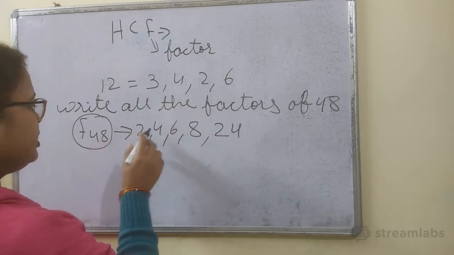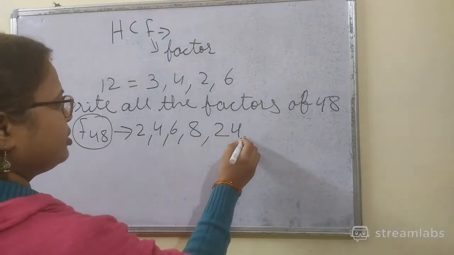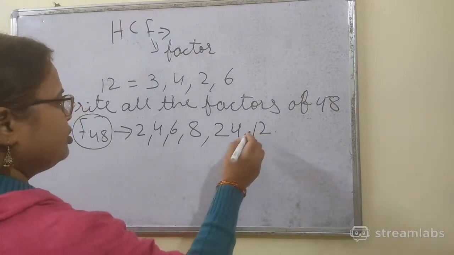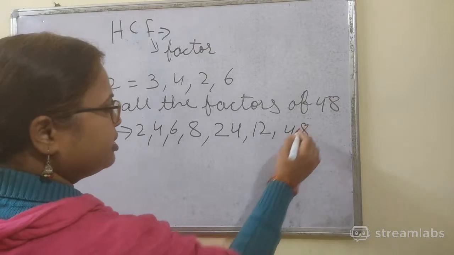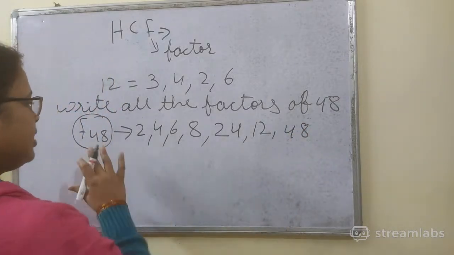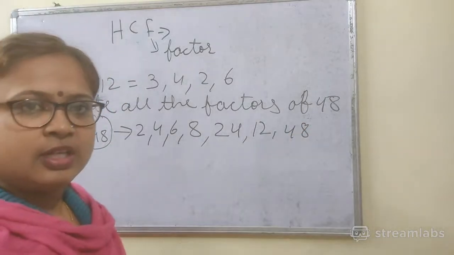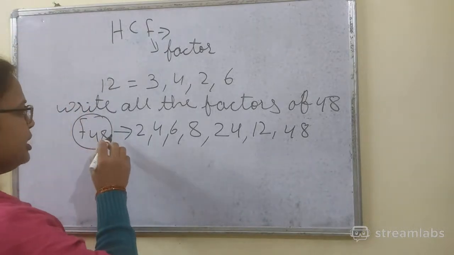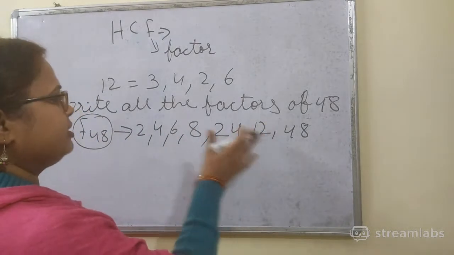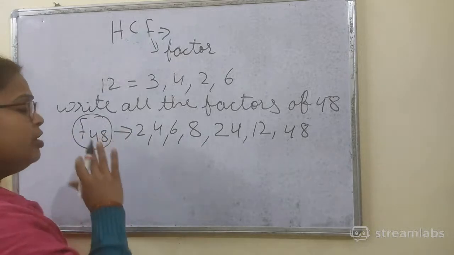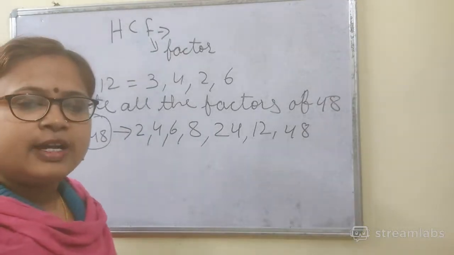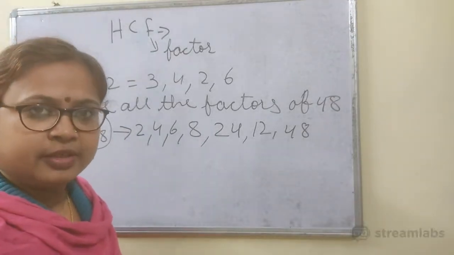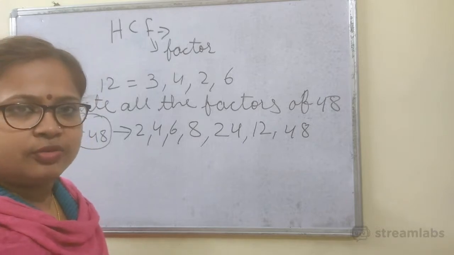When we divide 48 by 4, then we get 12. Clear? And 48, this number itself, is a factor of 48. So when you get this type of question, you write all the numbers that can easily divide 48. Easily divide means no remainder. The remainder is 0. Clear?